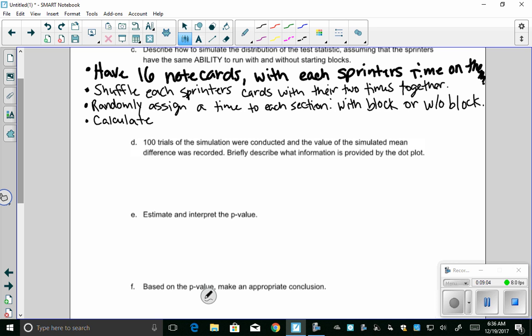Calculate the mean difference and repeat many times.